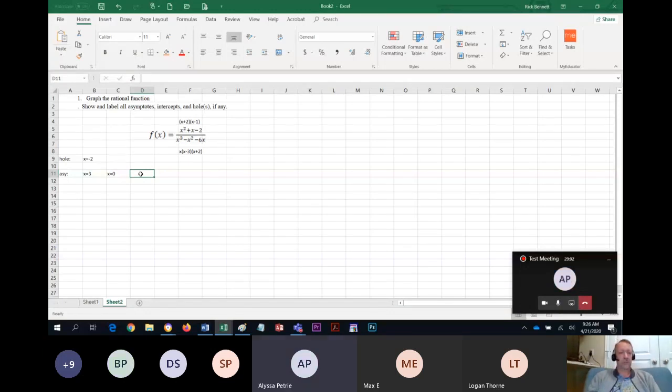Is it +1? No. x equals 3. We've already got x equals 3 right there. Would it be x equals -2?